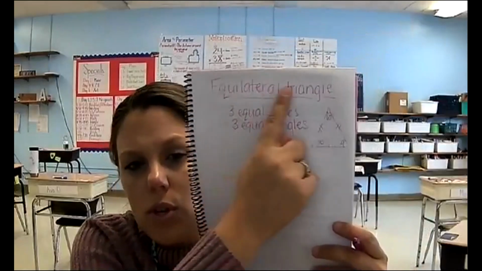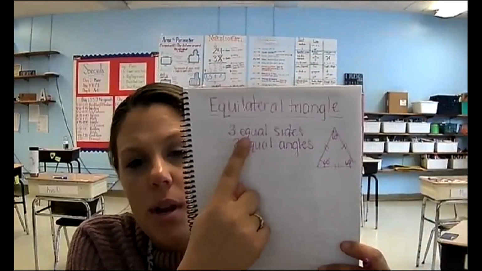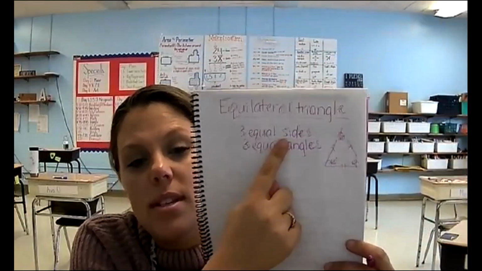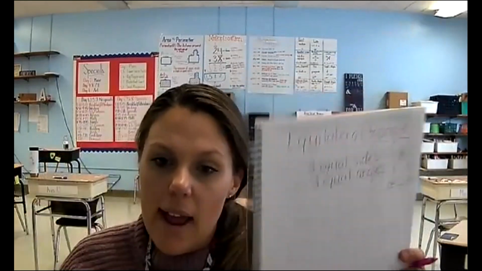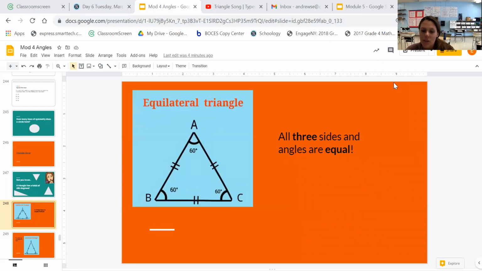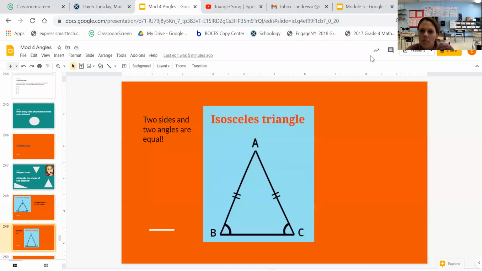I wrote the term, three equal sides, three equal angles, and I drew my picture using my straight edge. Remember, friends, as you're taking notes, if you can't read your notes, it's kind of pointless to take the notes. Take the time, make it look nice and neat. Equilateral triangle, three equal sides, three equal angles. Go ahead, pause your video.